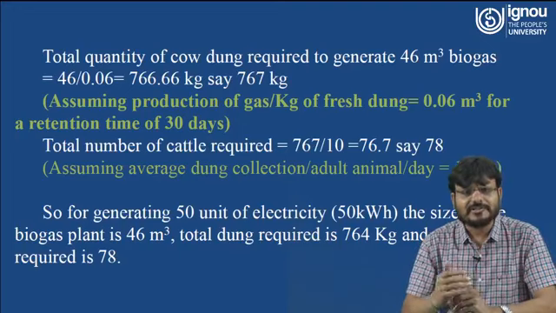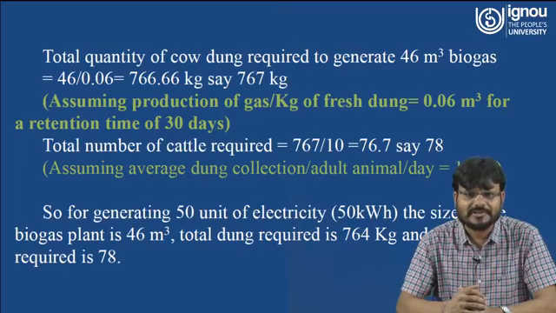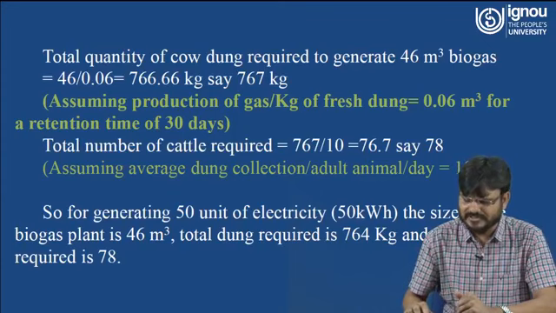So for generating 50 units of electrical energy, or 50 kilowatt hours, the size of the biogas plant is 46 cubic meters, the total cow dung required is 764 kilograms, and the cattle heads required are 78.